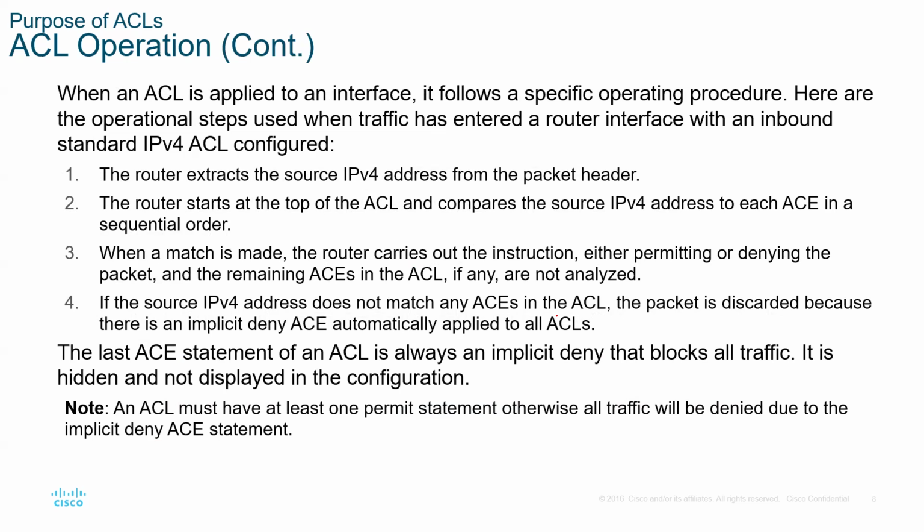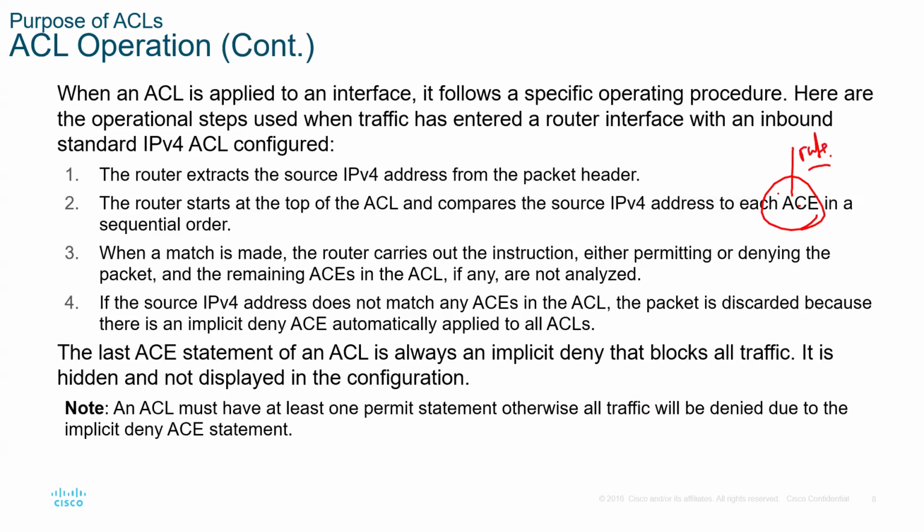So I think this is the process of how an ACL works. Number one, it checks the contents of the header. Then number two, it compares those contents with an ACE.